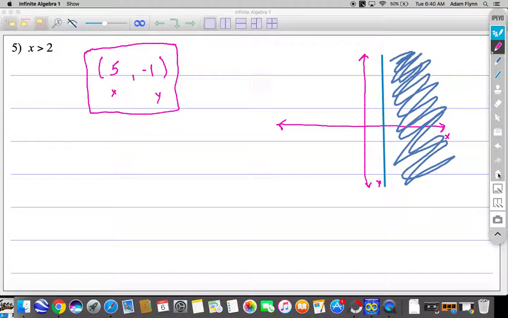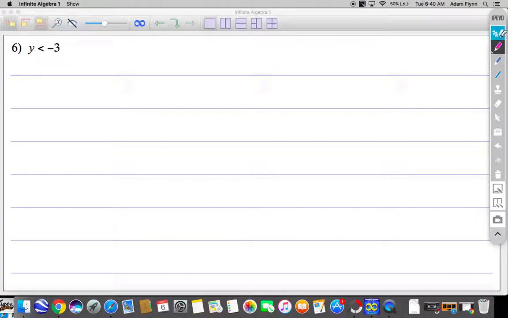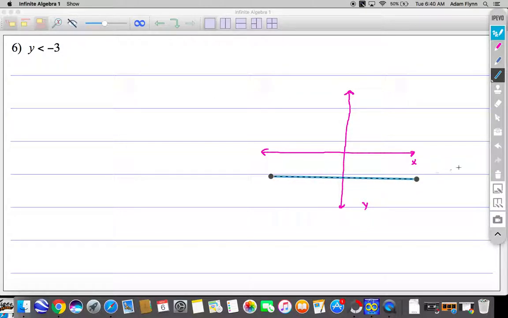On to the last one. Okay, same thing here. If I make a graph of this line, I know that whenever I have y equals, or y with some inequality sign and a number, I'm going to have a horizontal line.